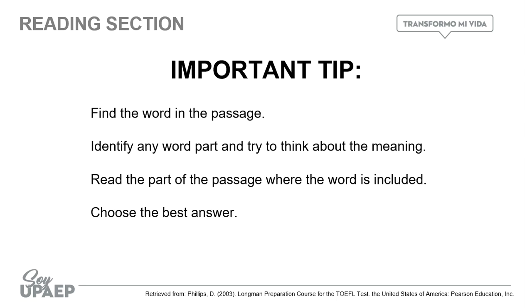So, remember, you have to find the word in the passage. You have to identify the word part and try to think about the meaning that it can have according to your knowledge. Then you have to read the part of the passage where the word is included in order to check context, in order to double check that you have the correct idea of what the word means. And of course, choose the best answer.